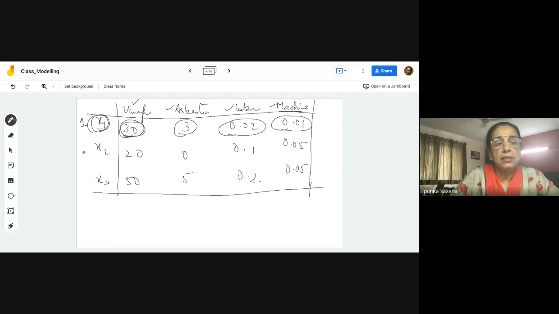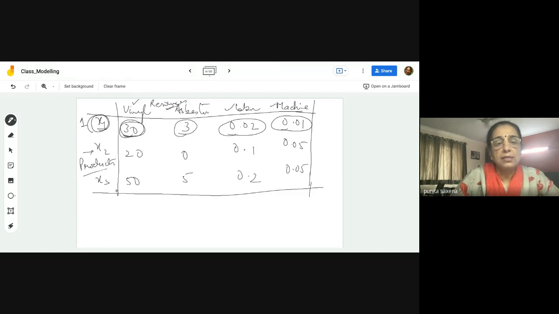Similarly, the second row would correspond to the second variable, and the third row would correspond to the third variable. So in this matrix, if you read it row wise, you are talking of the products. And if you read them column wise, you are talking of the resources.